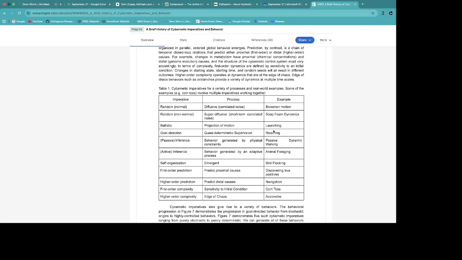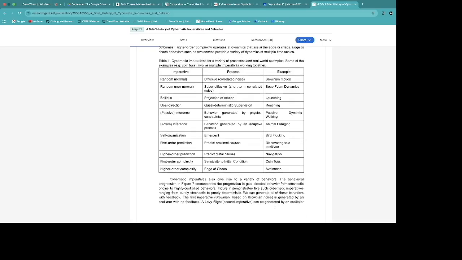Some of these are animal behaviors, some are behaviors that we see in humans, some are physical behaviors like soap foam dynamics or Brownian motion. Some are complex processes like avalanches, and so they're more collective behaviors like bird flocking. So there are a lot of different types of imperatives listed, different processes that drive them, and then different examples.